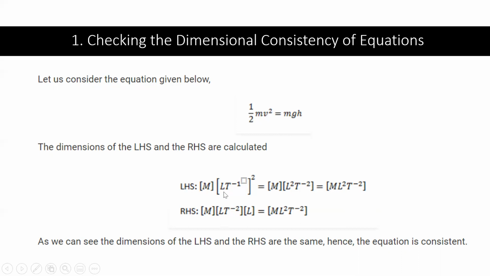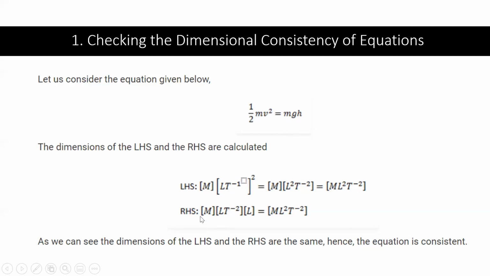So displacement is length, L T raised to minus 1. So whole square. So you have to take the square of this. So this will become M. When you take the square inside, it will become L square T raised to minus 1 into 2, minus 2. So L square T raised to minus 2. So you will get the dimensional formula for the LHS as M L square T raised to minus 2. Now let us consider the right hand side.